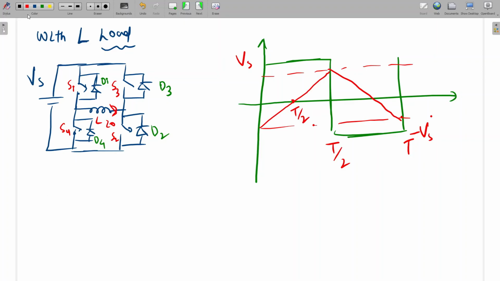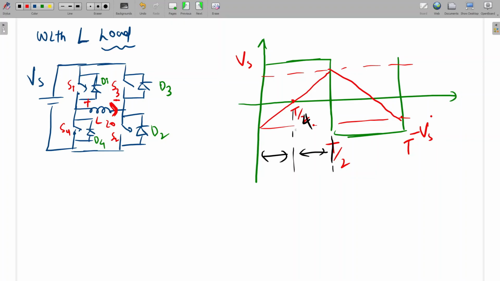First we'll see which device will conduct. Here it is T by 4. Which will conduct here, switch or diode? Since the current is negative, the diodes will conduct, D1 and D2.